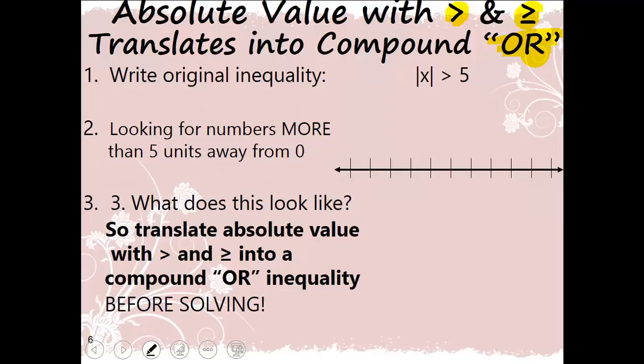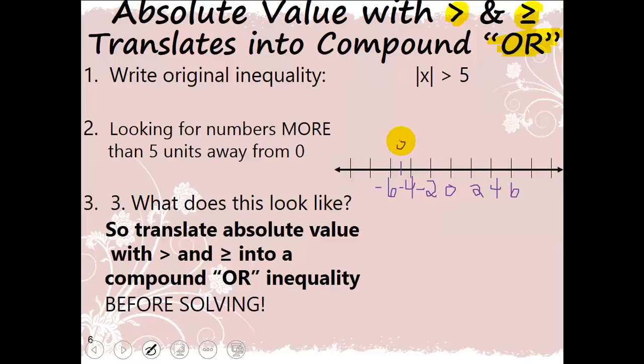Okay, so we're looking for numbers that are more than 5 units away from 0. So if here's 0, and I'm going to go up by 2, and then down by 2. Okay, and here is -5, and I want more than 5 units away from 0.